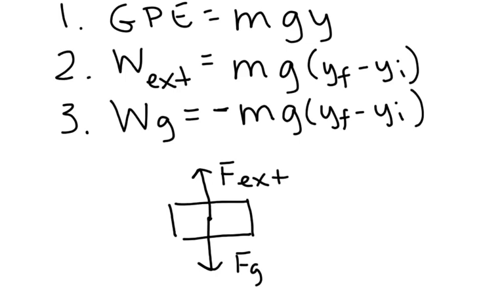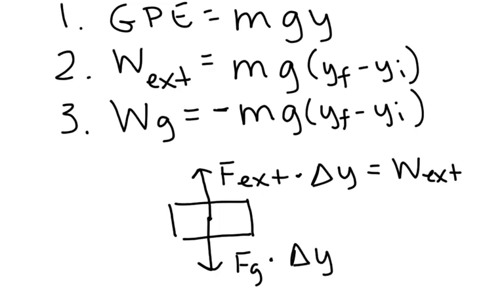So if we wanted to know the external work done on this block, we would take our external force and multiply by the change in the height as we move it upward, and that will give me the net external work. And you'll notice that my force of gravity, which is acting downward, if I wanted to know the work done by gravity, again, I'd multiply by my change in my height, and that would give me my work done by gravity. Notice because my force of gravity is acting down, that's where that negative comes in, or the work done by gravity is in the opposite direction as the work done by the external force.